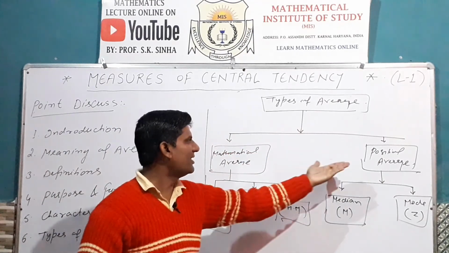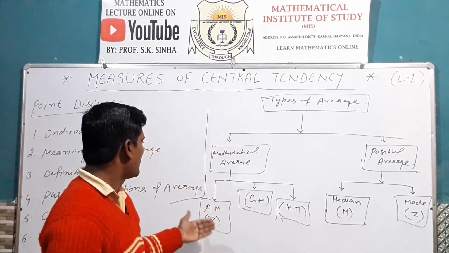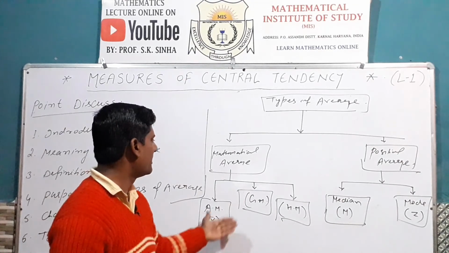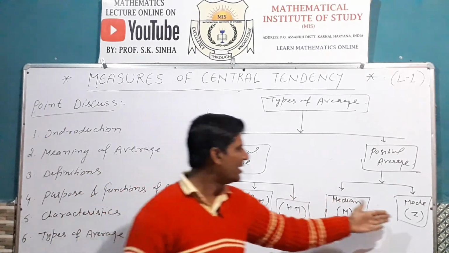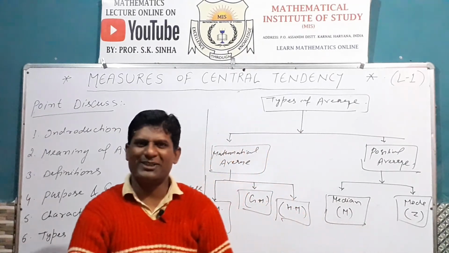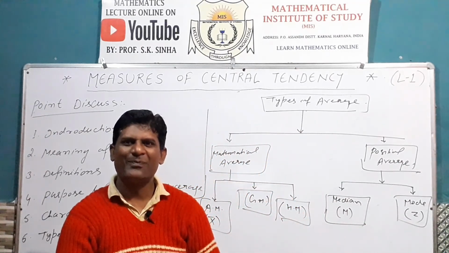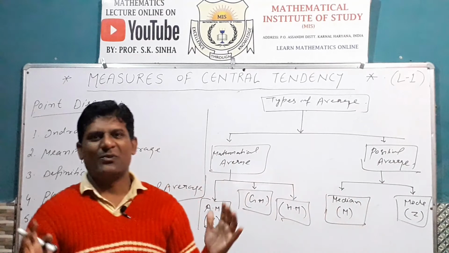This is mathematical average and this is positional average. Arithmetic mean is X bar, then GM, HM, and the median is denoted by capital M and the mode by capital Z.